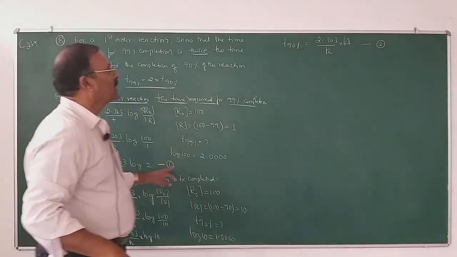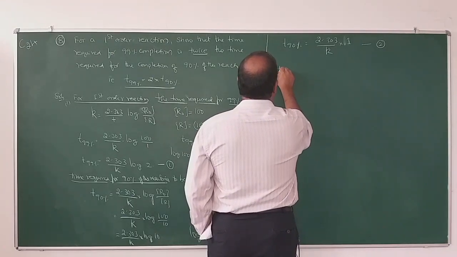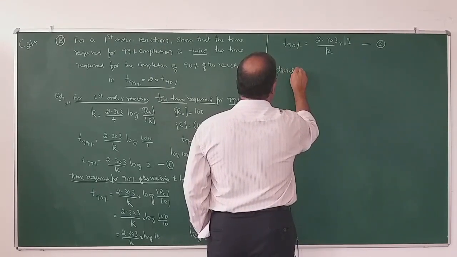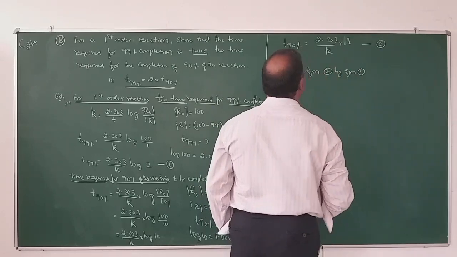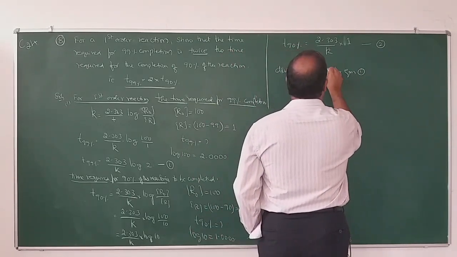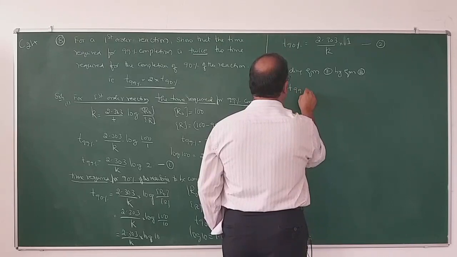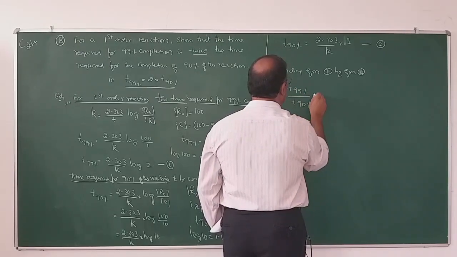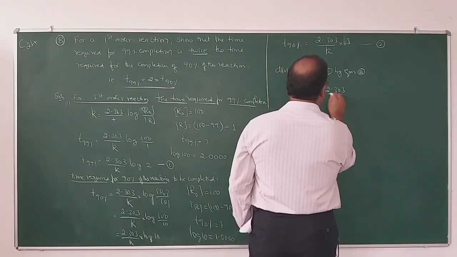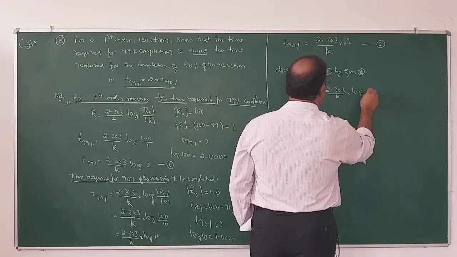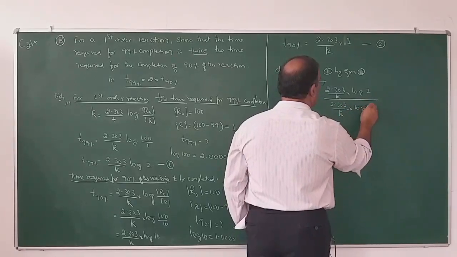Dividing equation 1 by equation 2, T 99% divided by T 90% equals 2.303 by K into log 2 divided by 2.303 by K into log 1.